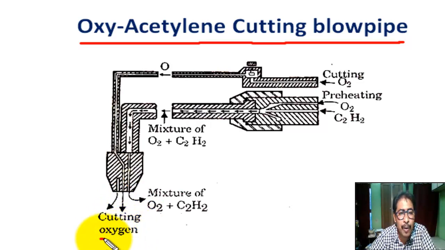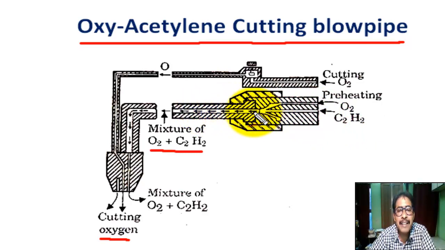This pipe flows a mixture of oxygen and acetylene gas. This is the preheating oxygen and this is the acetylene gas flow passage.